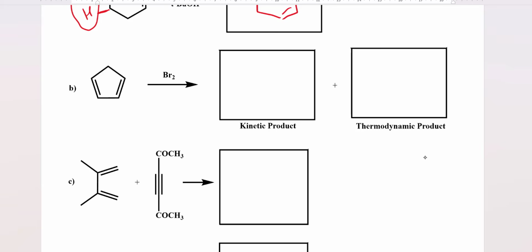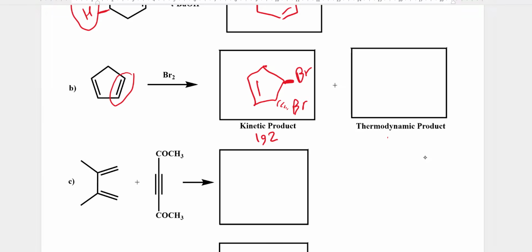For reaction B, we have addition of bromine to the diene. We need to find the kinetic product and the thermodynamic product. Kinetic is 1,2 addition, so we simply take one double bond and add bromine to that double bond. So we have Br here and Br here. And we know addition of bromine is anti, so we may want to show it in trans positions.